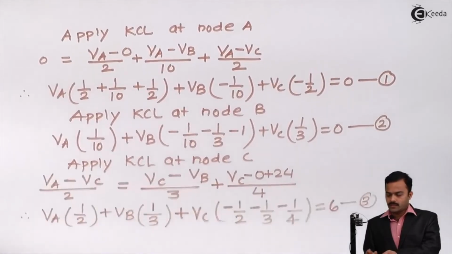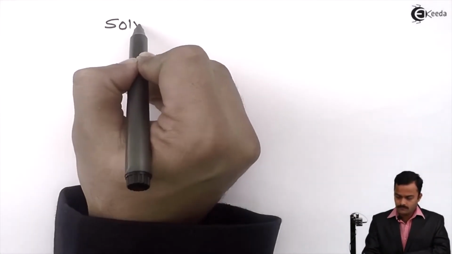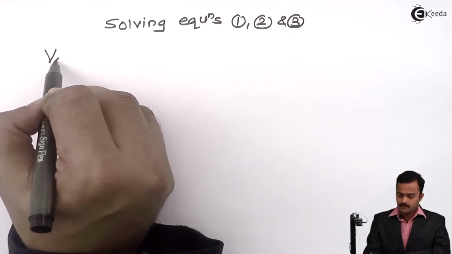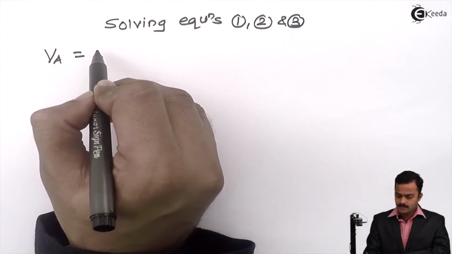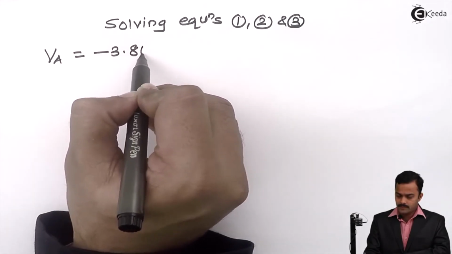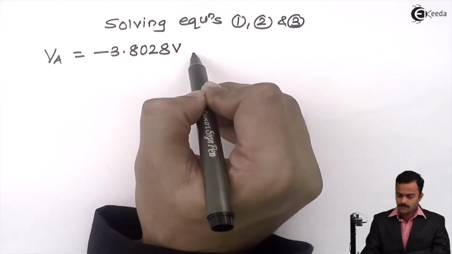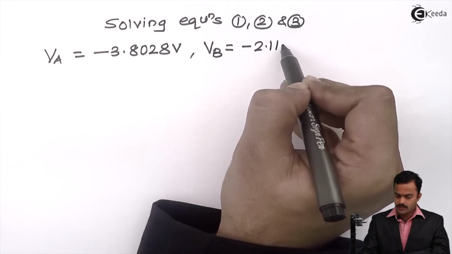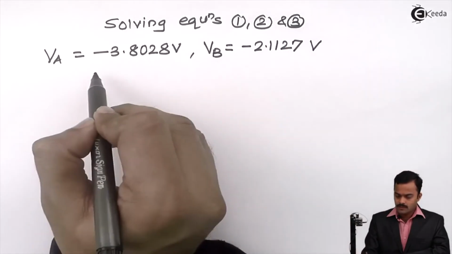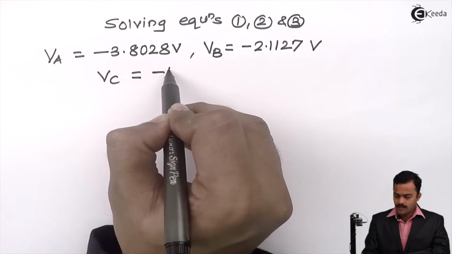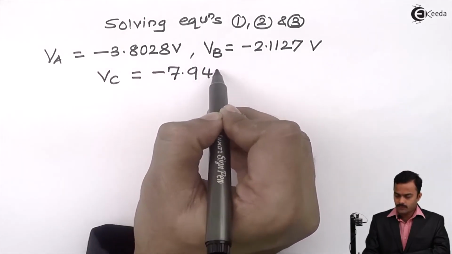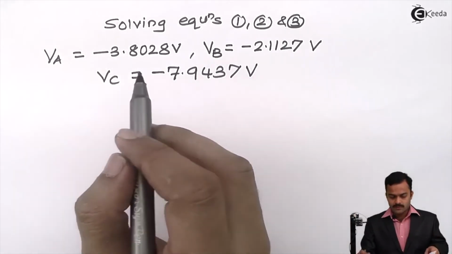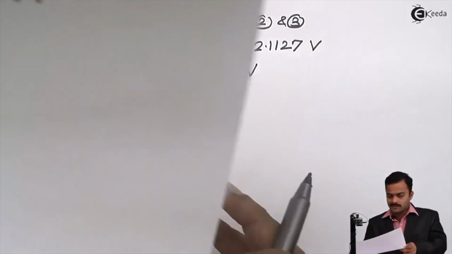Solving equations 1, 2 and 3, I will get VA as minus 3.8028 volt, VB minus 2.1127 volt, and VC I will get minus 7.9437 volt. We are supposed to find out current flowing through 4 ohm resistance.